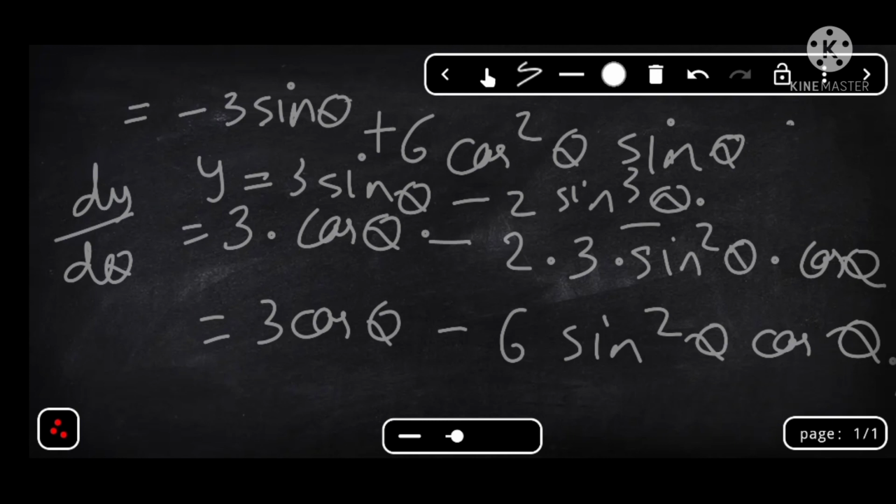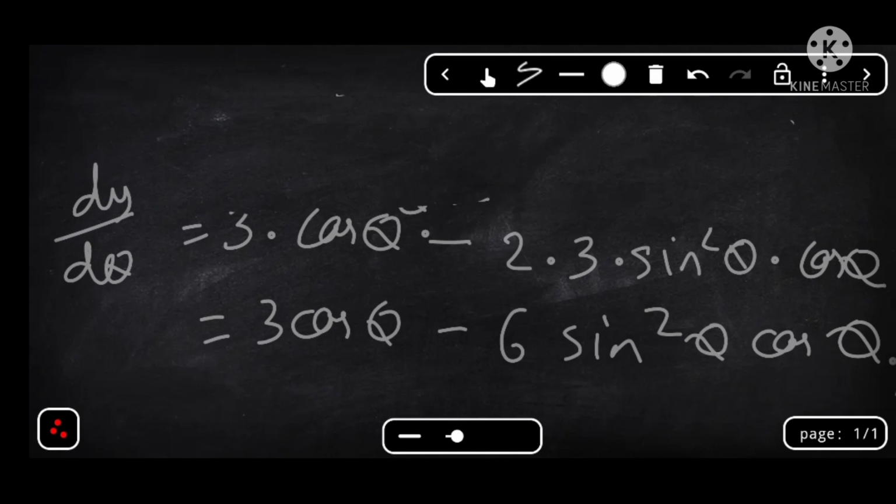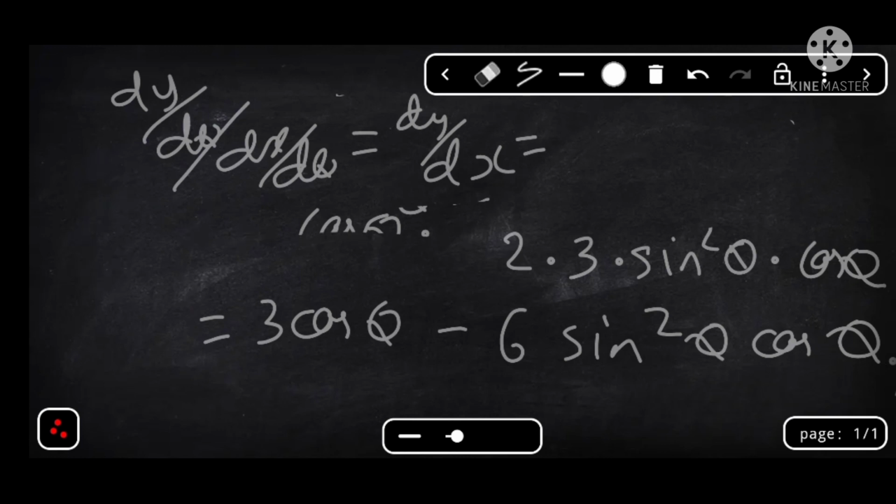So let's do dy by dx as we did before. So dy by d theta divided by dx by d theta, that is dy by dx. So what we will do, we'll divide these two answers.